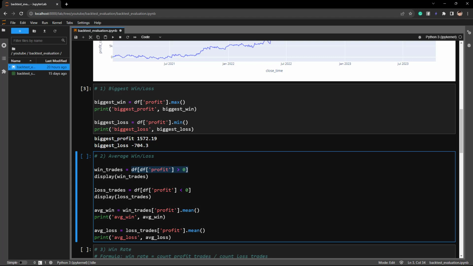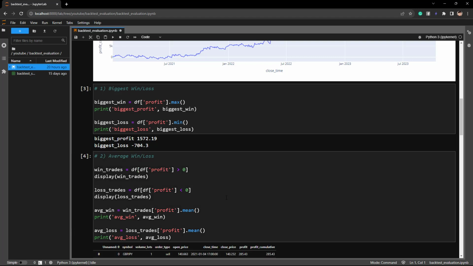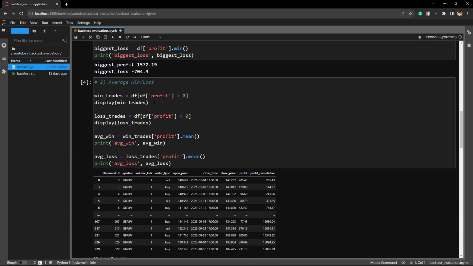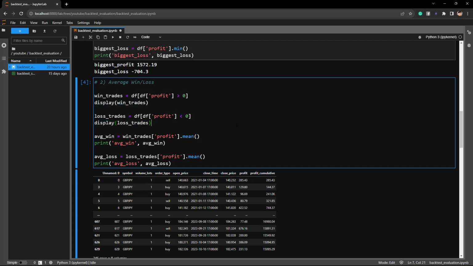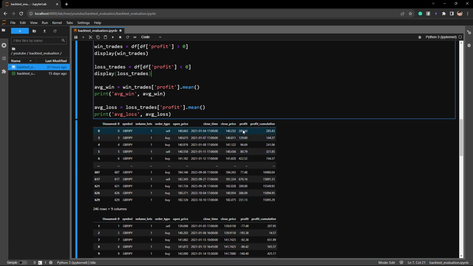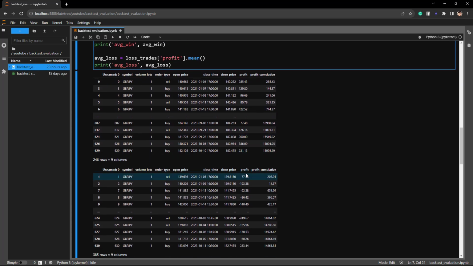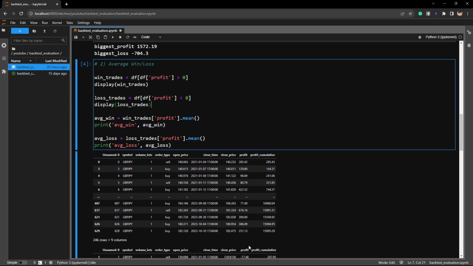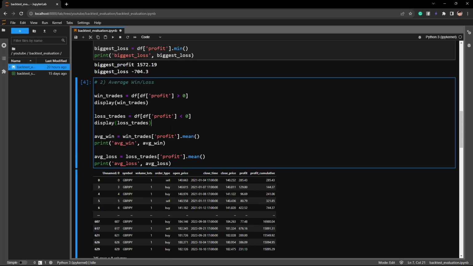Winning trades are all trades where the profit is greater than 0, and losing trades are all trades where profit is less than 0. By running this and looking at the data frames that we're displaying here and here, we'll find that this data frame contains all profitable trades, and the second data frame contains all losing trades. So this is correct.